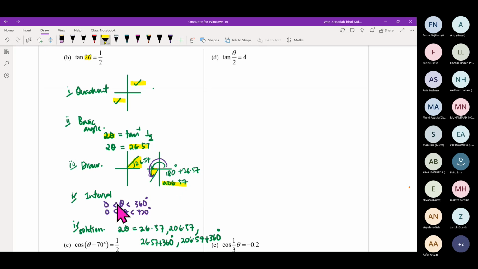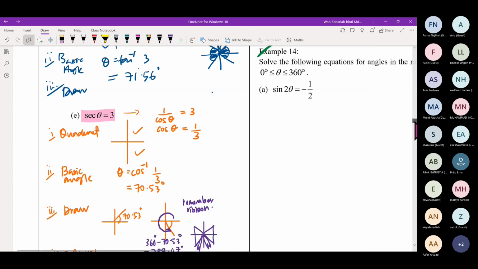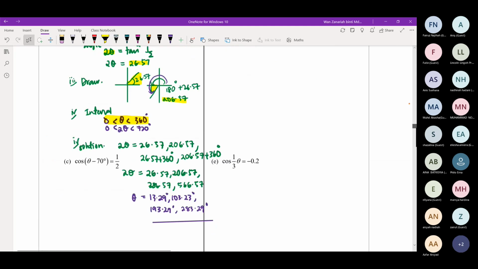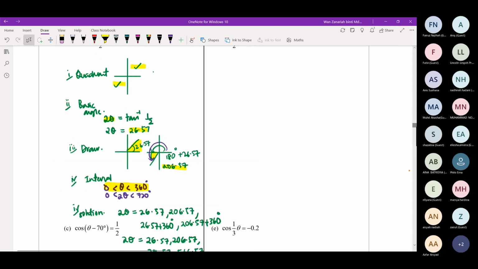Okay, tengok sini semua. Give extra attention here. Given in the question, soalan besar atas dia. Soalan kata apa? Theta is in between 0 until 360, right? But now our question is dealing with 2 theta sayang. So cikgu kena buat macam mana? Kalau theta in between 0 until 360, so kalau 2 theta?